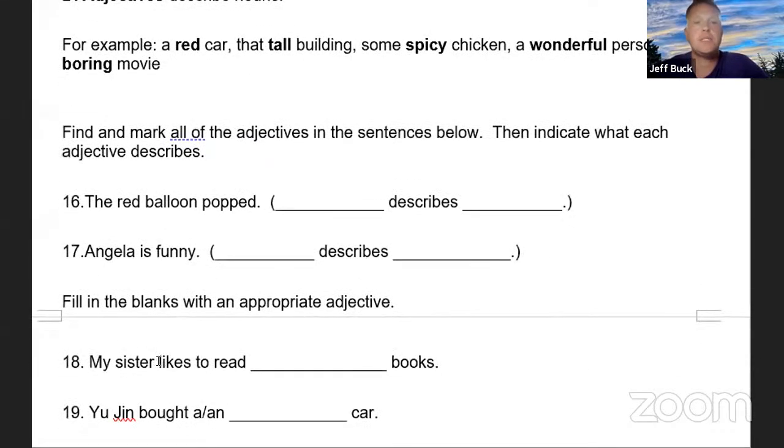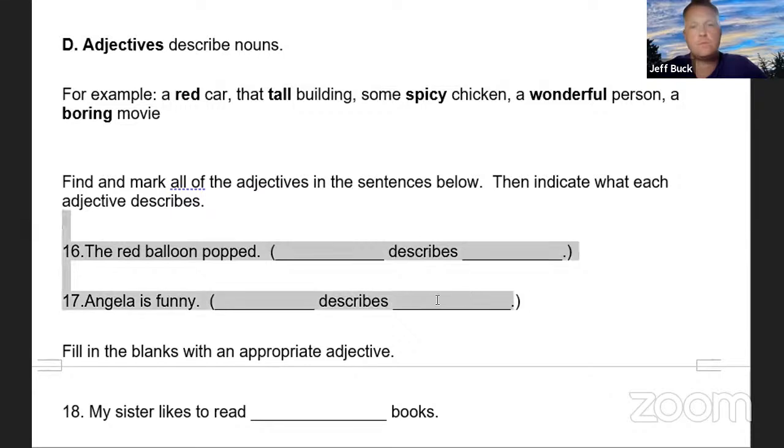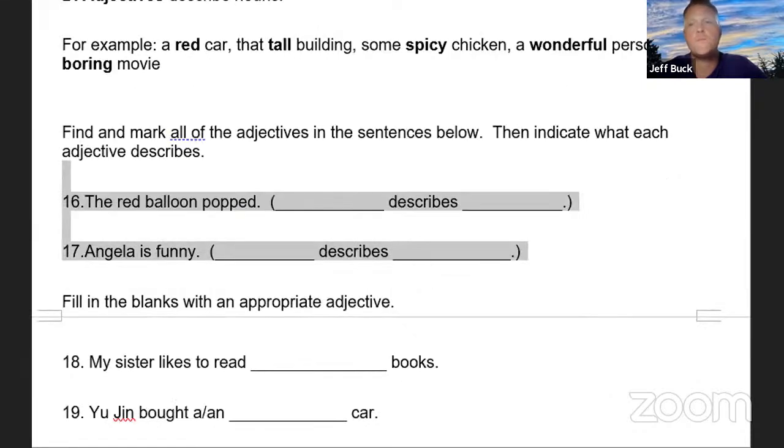Okay, so in 16 and 17, find and mark the adjectives and indicate what they describe. So red describes car, tall describes building, etc. All right, I hope you're ready. Here are the answers.